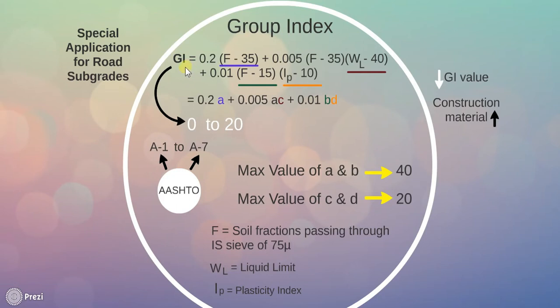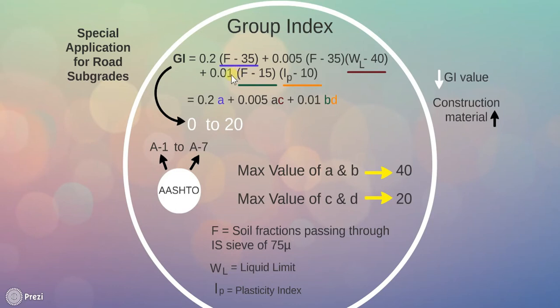Formula for GI, group index value, is 0.2 (F minus 35) plus 0.005 (F minus 35)(WL minus 40) plus 0.01 (F minus 15)(IP minus 10). Here what is F, WL and IP?